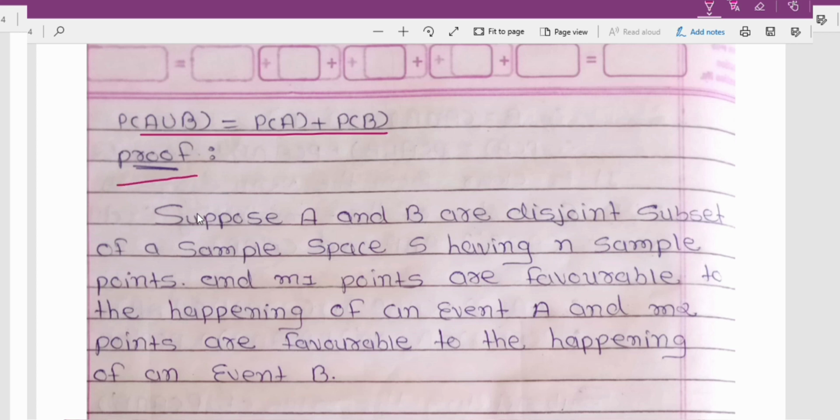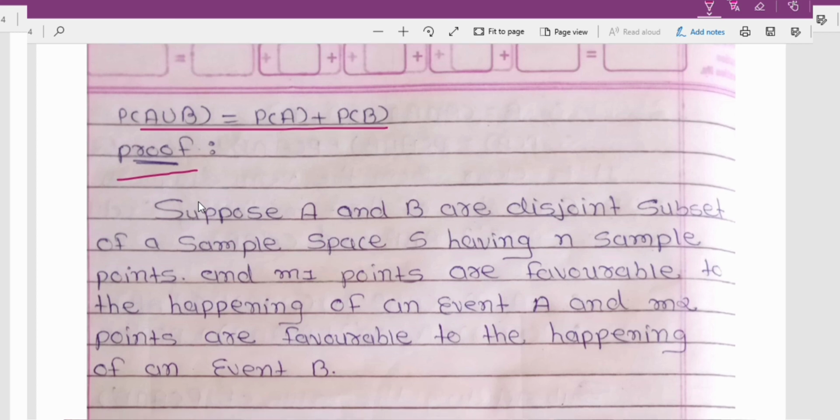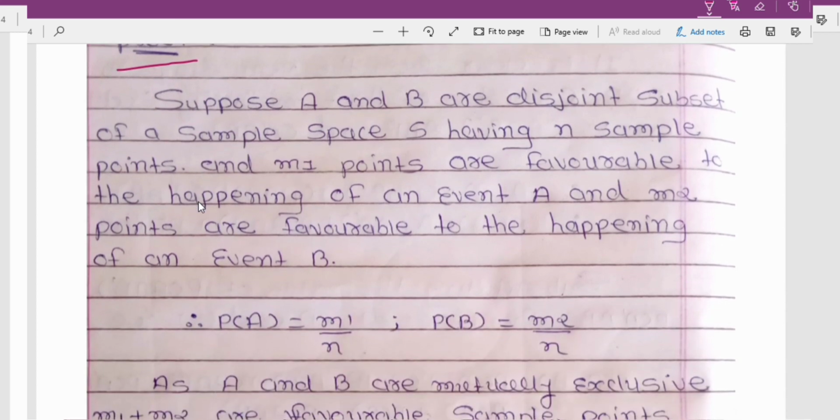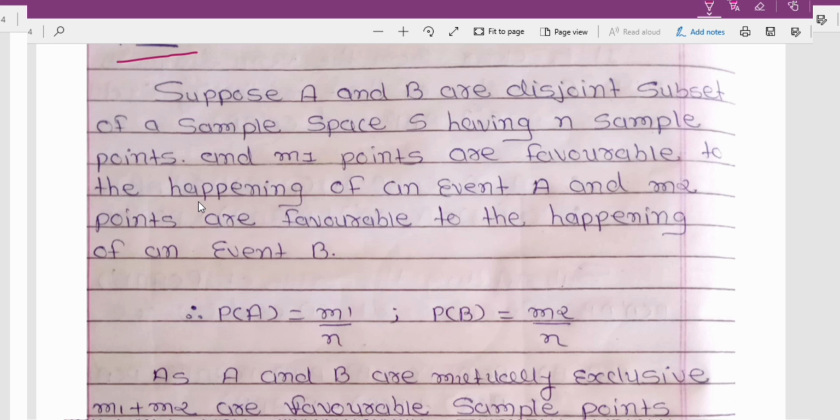Then prove the second term. P(A union B) equals P(A) plus P(B). Now see the proof.